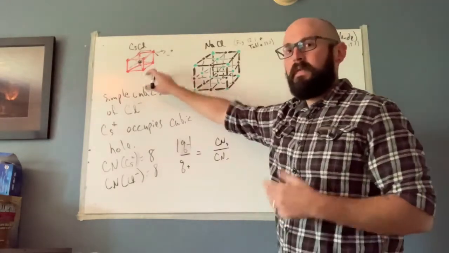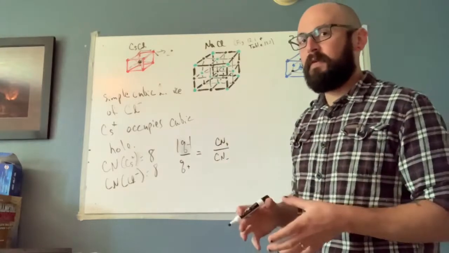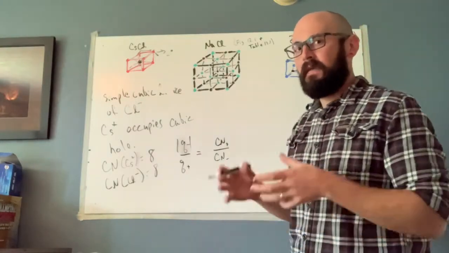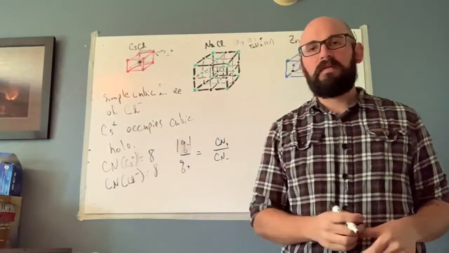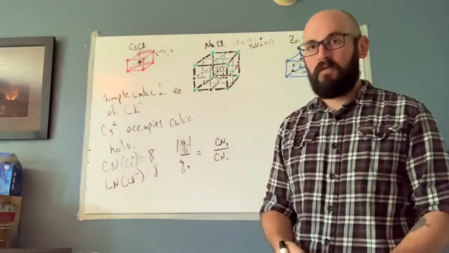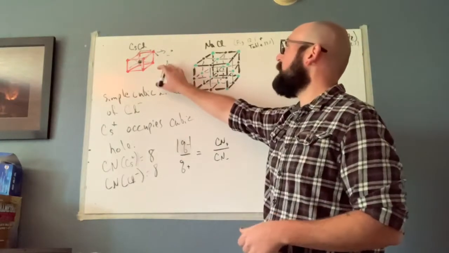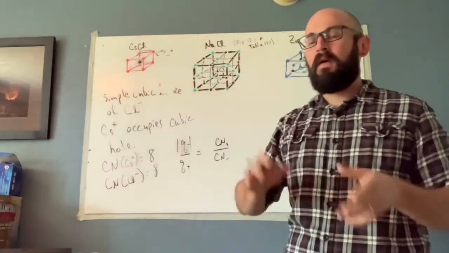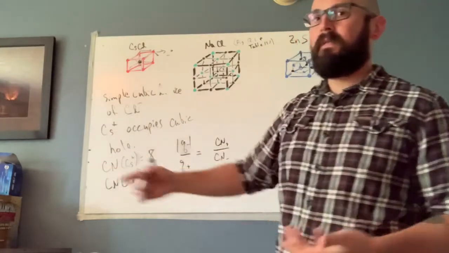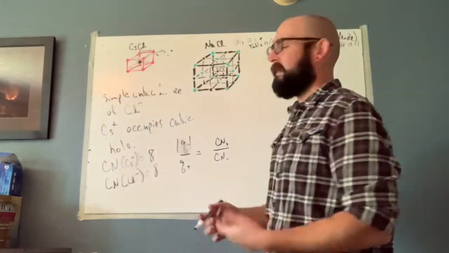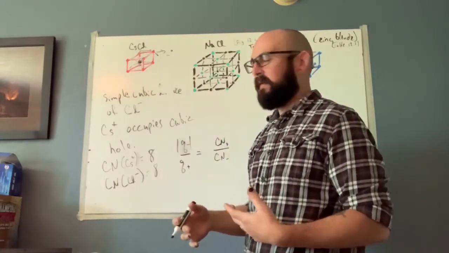We can also determine the total number of ions that are in this. First off, we know for a particular unit cell, it has to have the empirical formula. So the empirical formula of a unit cell must be equivalent to the empirical formula of the salt that we're talking about, the ionic compound that we're talking about. So we know that we must have a one-to-one relationship of cesium to chloride in our system. We can count directly the number of cesiums and chlorides that are in it by using the relationships that we talked about previously.